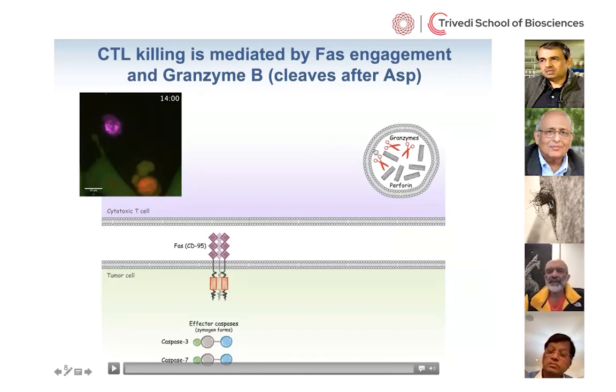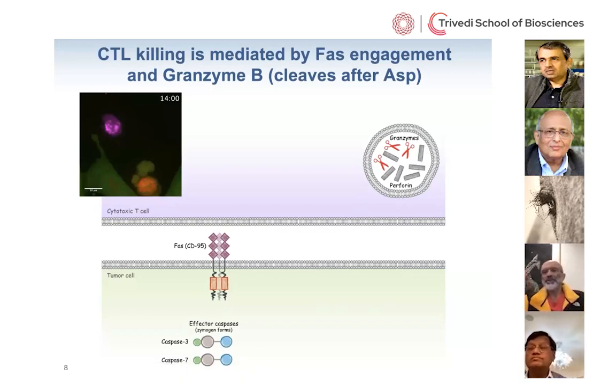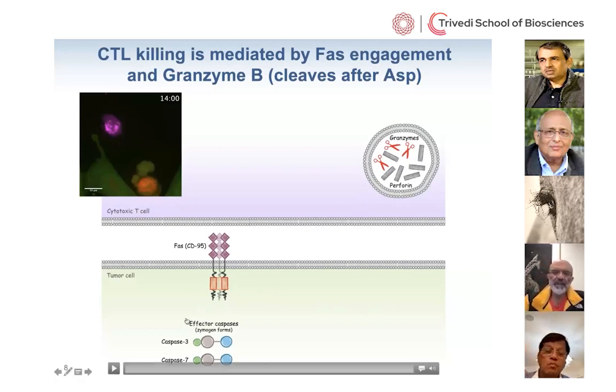So this granule, I'll show you when I run the movie, will fuse with the cytotoxic T cell and tumor cell membranes. And through these perforin channels, the molecular scissors will be introduced into the tumor cell. And these molecular scissors will cleave these downstream inactive zymogen caspases and activate them.